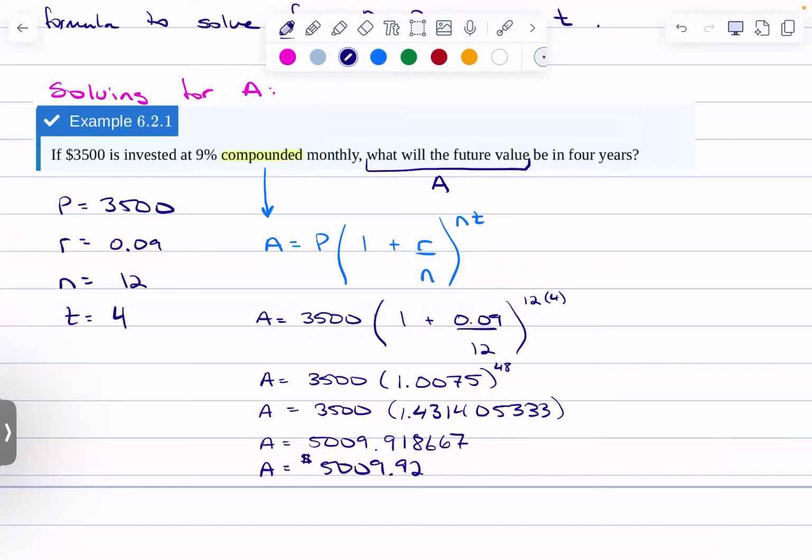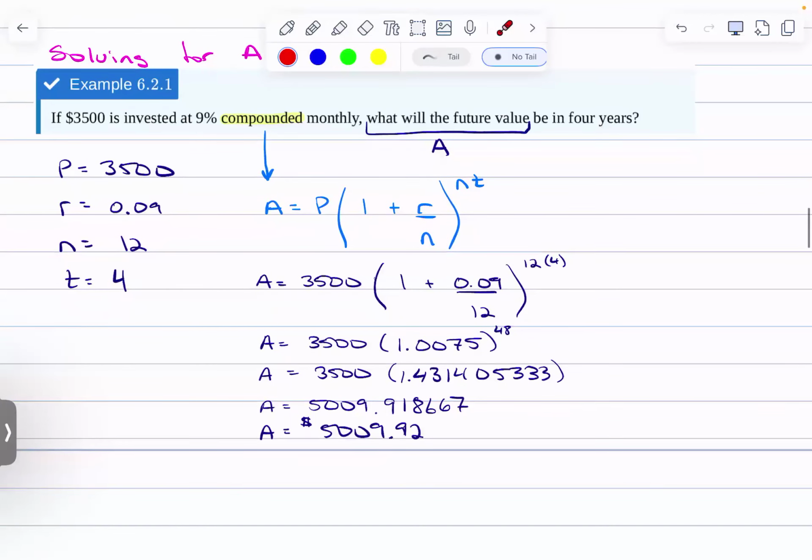How much interest did you earn? That's what I was reacting to. You earned a ton of interest. The difference between A and P is the amount of interest that you've earned. You didn't add any money or anything like that, and in only 4 years. So the amount of interest is A minus P: 5,009.92 minus 3,500.